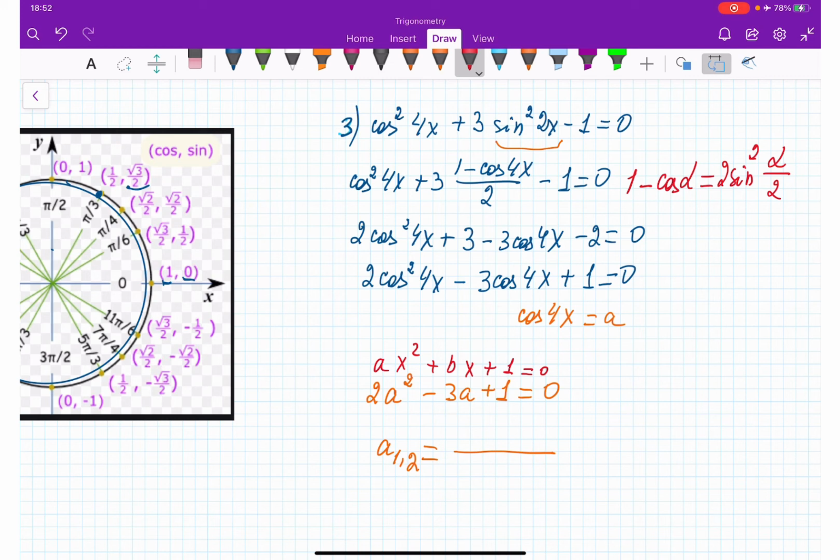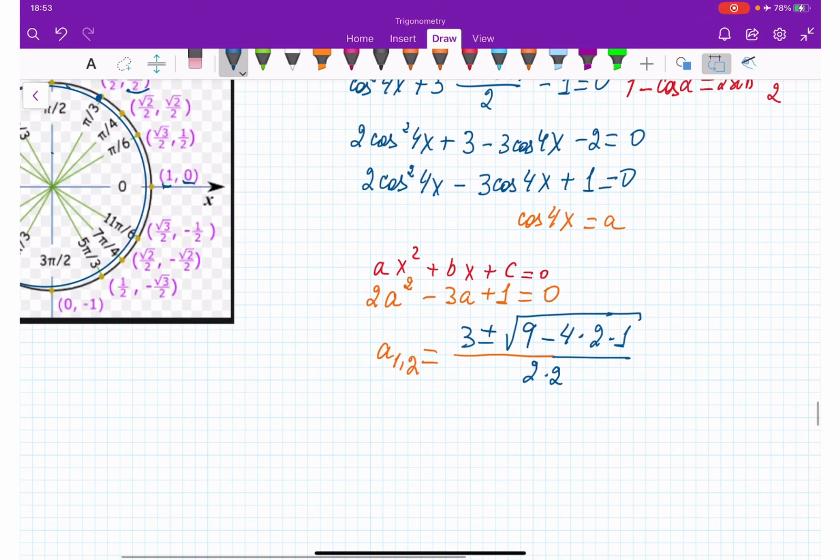Since our b is negative 3, it's going to be positive 3, right? Plus or minus b squared, which is 9, minus 4 times a, which is 2, times c, which is 1. And divided by 2 times a, 2 times 2.